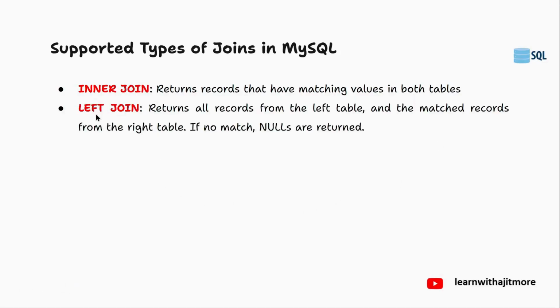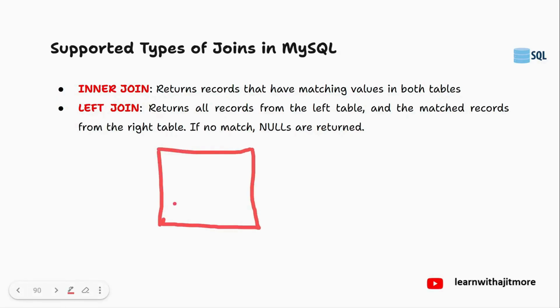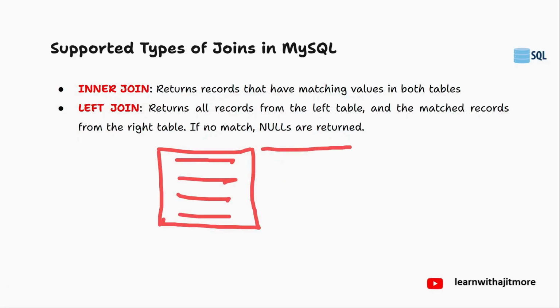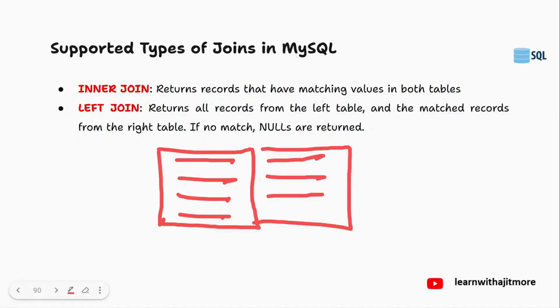Left join. Remember, in left join, all the records from the left table you are sure to get. I'll show you diagrammatically. All the records of left, sure I'll get. Now from the right, which records will I get? Those which have matching values. But those records from the left that don't have a matching value in the right, there you will get null.